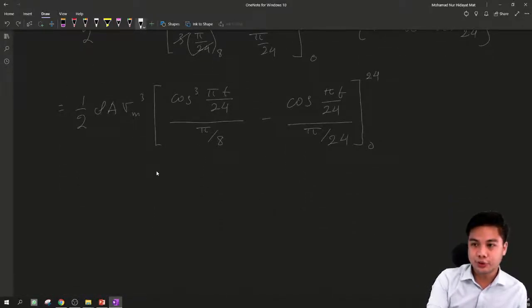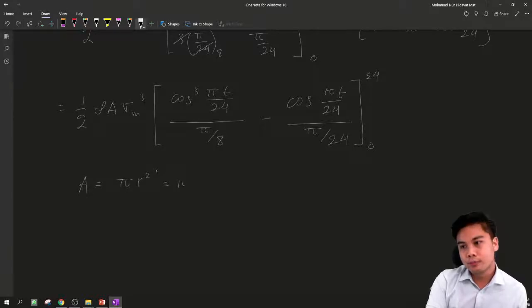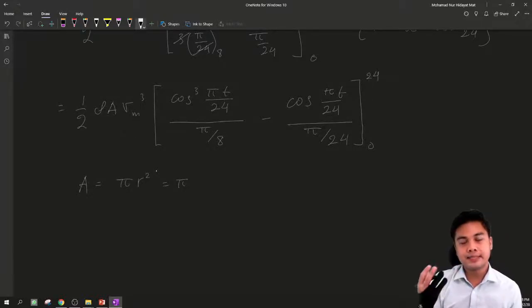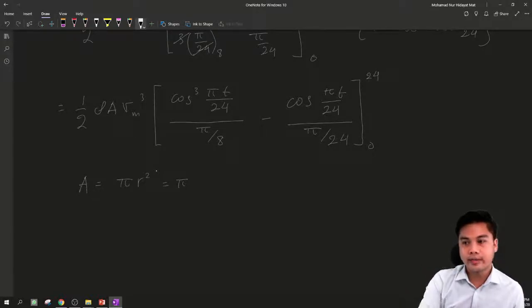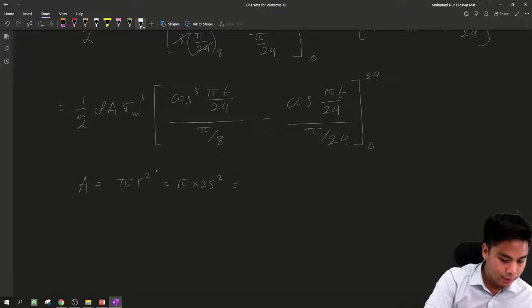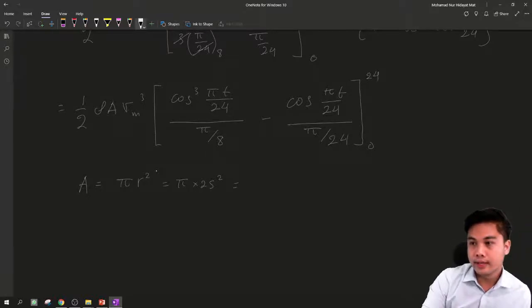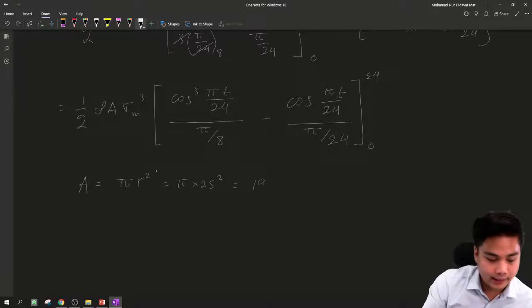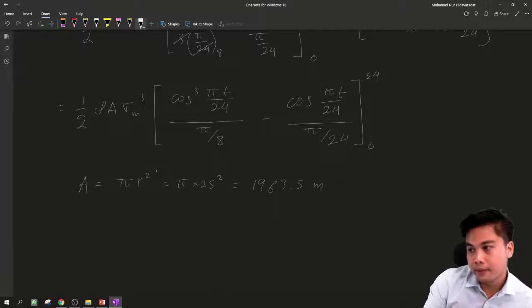Then you will get the answer. Try to substitute. The area here, previously we discovered, is a turbine, so the cross-sectional area is circular, pi r squared. Remember that previously the diameter is 50, so the radius is 25. The area is pi multiplied by 25 squared, which is 1963.5 meters squared.